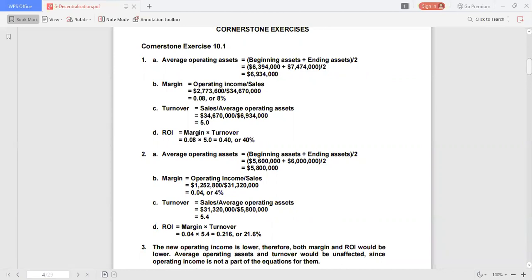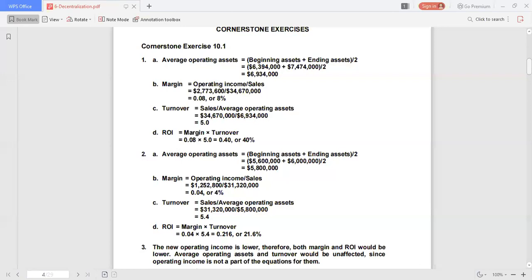And at the same time, your turnover is still the same, equal to 5, and the margin is 8%. The average operating assets remain 6,934,000 and the turnover is 5.